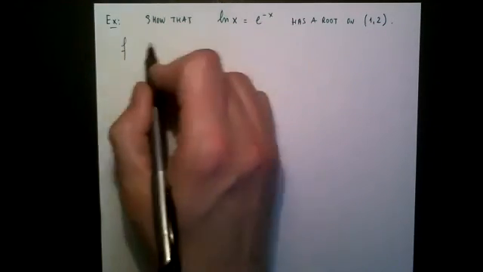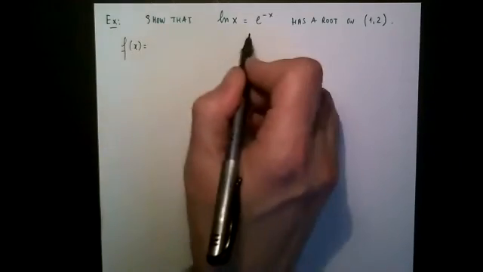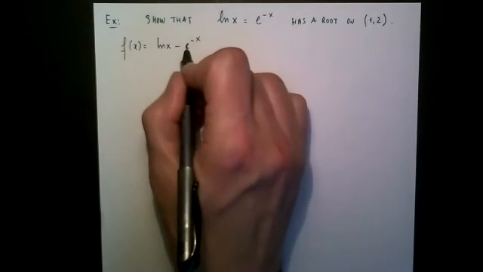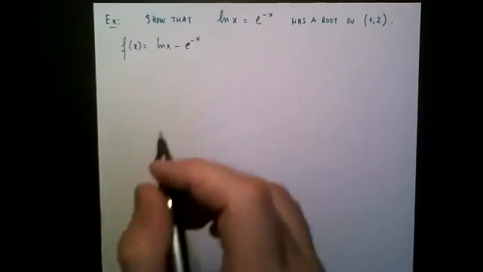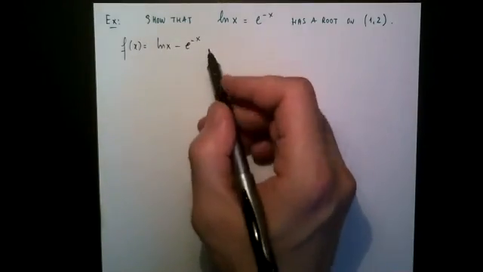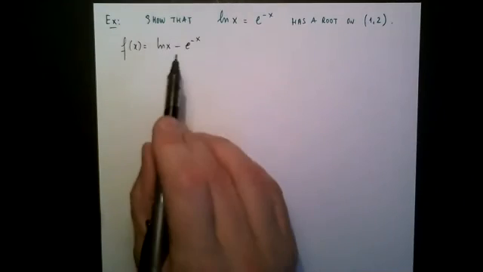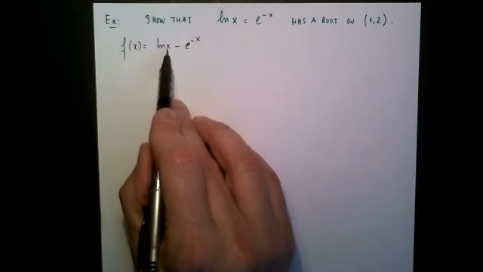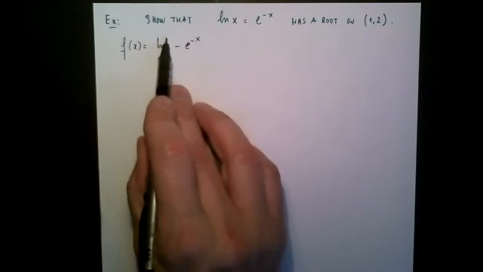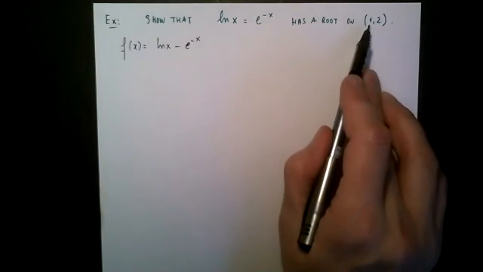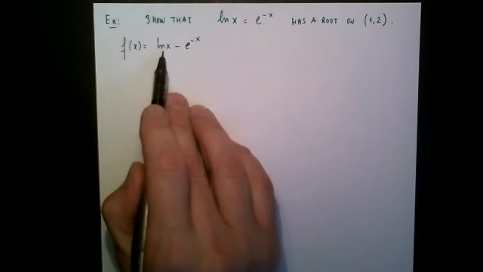So I'm going to call f of x, I'm going to call it ln x minus e to the negative x. Okay, and it is continuous on 1, 2. There's no problem. The only problem would be if x was negative or 0. That would make ln of x have some trouble here. But since we're between 1 and 2, there's no issue here.